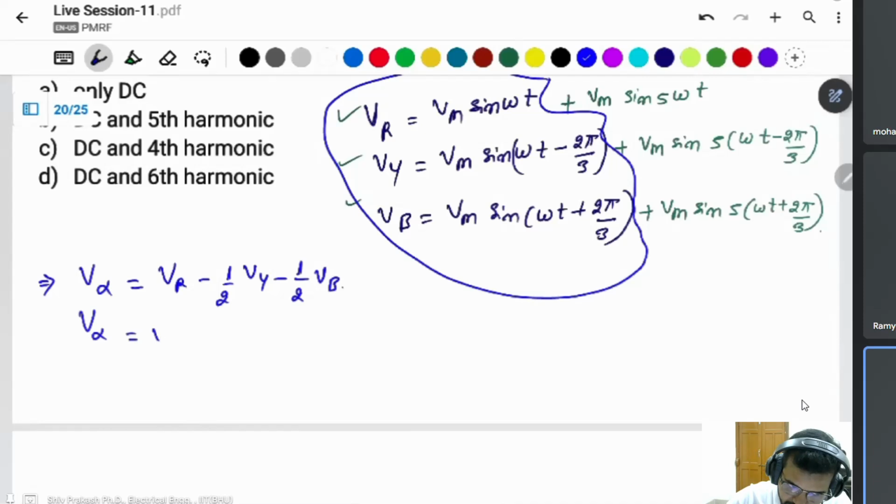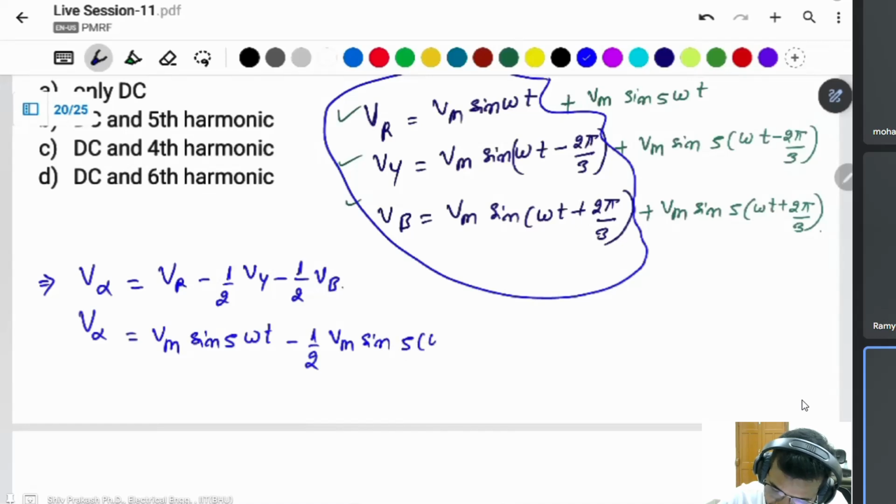Vr is Vm sin 5 omega t. So it is easy to find because this was already found, minus 3 by 2 Vm, minus half Vy, Vm sin 5 omega t minus 2 pi by 3, minus half Vm sin 5 omega t plus 2 pi by 3.